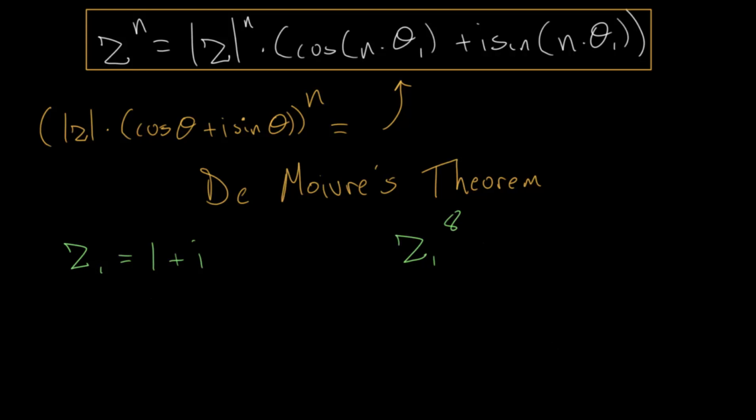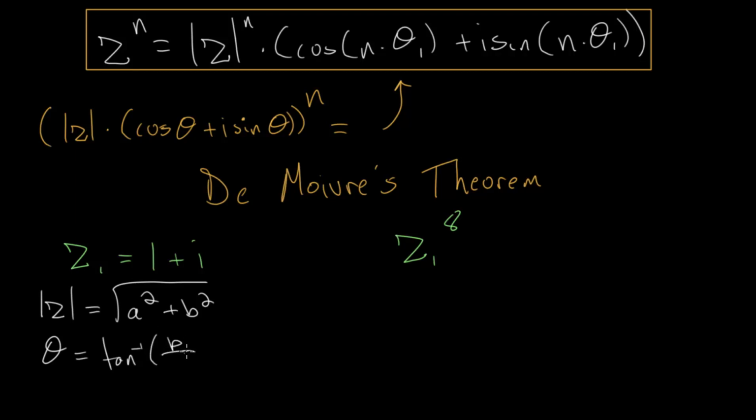Now remember the formula for a complex number in its polar form. We need its magnitude and its direction. And the magnitude of the complex number can be expressed as the square root of the real part squared plus the imaginary part squared. And its angle, theta, is the inverse tangent of the imaginary part divided by the real part.